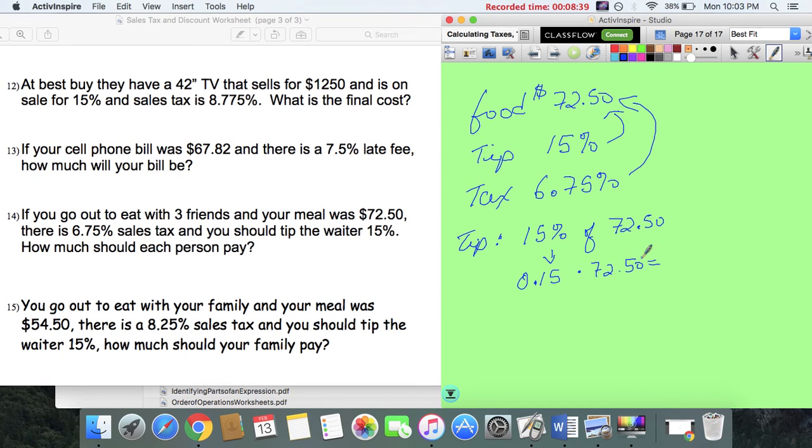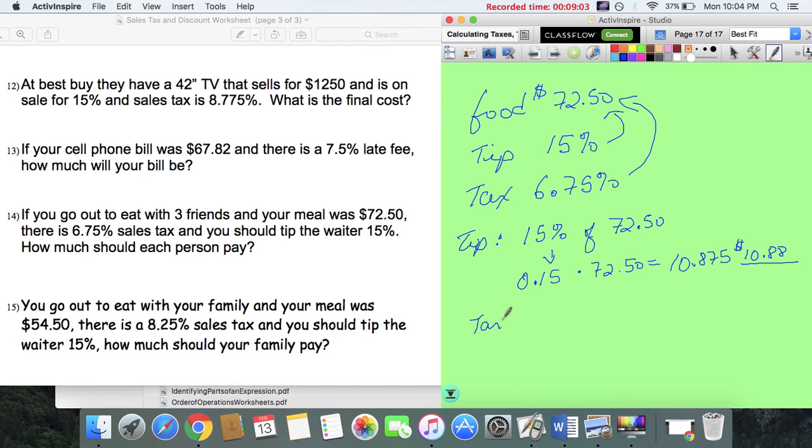On your calculator, 0.15 times 72.5, you're going to come up with 10.875, but because we're dealing with money, that's going to round to 10.88. Okay? So that's how much tip you're giving the waiter.